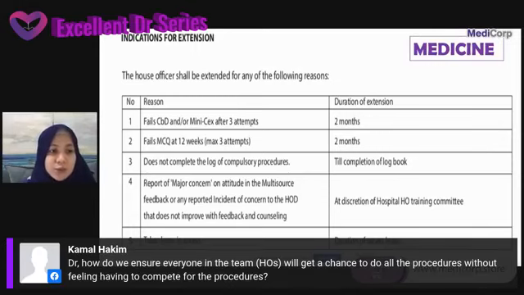So most hospitals will allow more than one houseman to put it in the logbook. But very few departments do not allow housemen to share the procedure. That is when it is more difficult for you to complete your logbook. But usually compulsory perform procedures are readily available in your ward, and most departments allow you to share the same procedure or the same patient between a few housemen, provided you really observe or really assist in that procedure.